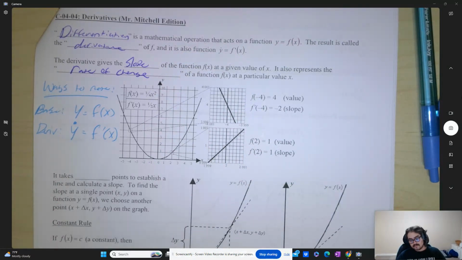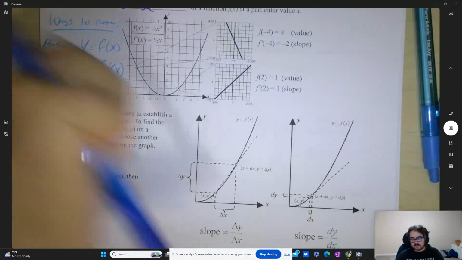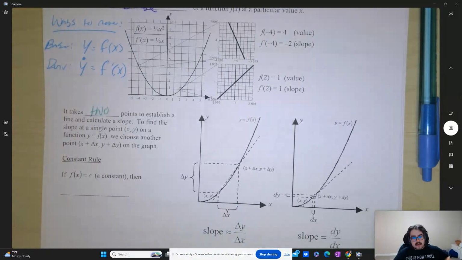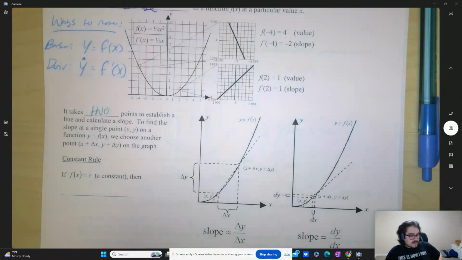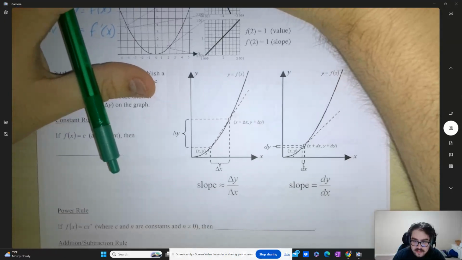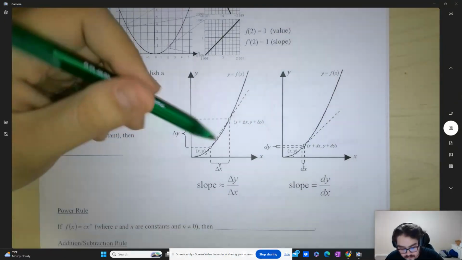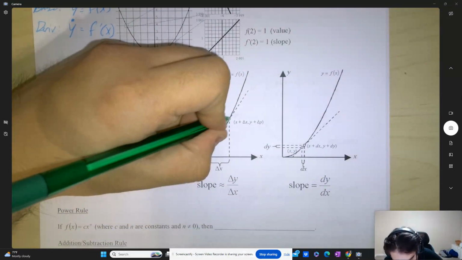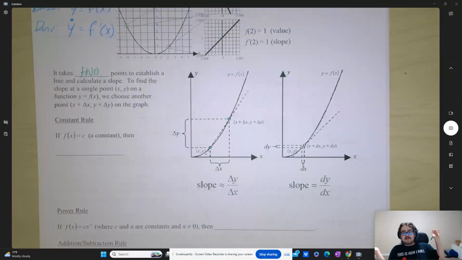It only takes 2 points to establish a line and calculate a slope. All you have to do is take 2 points, and you'll notice that, for example, this is a parabola, or half of a quadratic function. For something like a quadratic function, you can approximate the slope by taking the slope between 2 points, and those 2 points can be anywhere, near or far apart from each other.